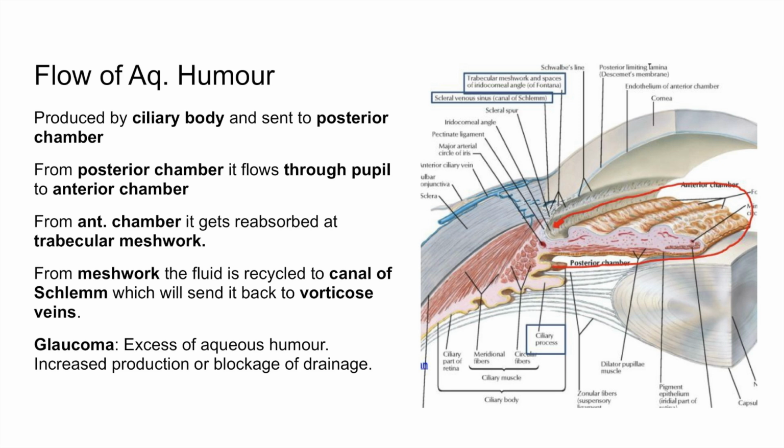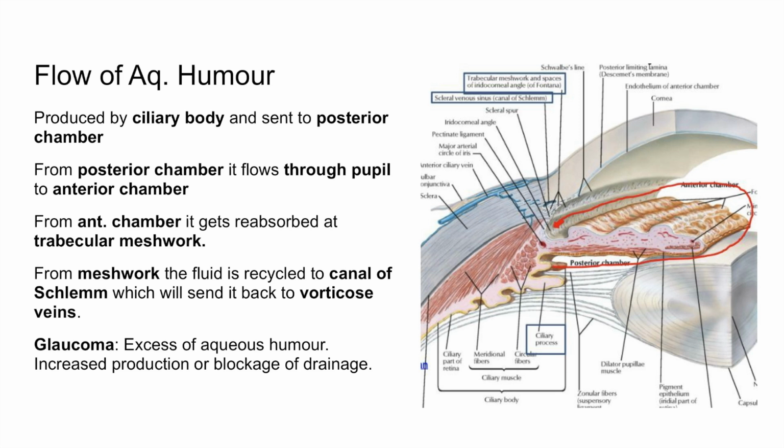From there, the fluid flows through the pupil into the anterior chamber, which is the space between the cornea and the iris. This directional flow from posterior chamber through the pupil to the anterior chamber is critical and is driven by continuous production, not by an active pump.